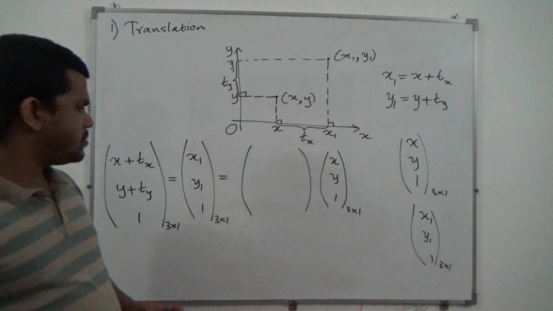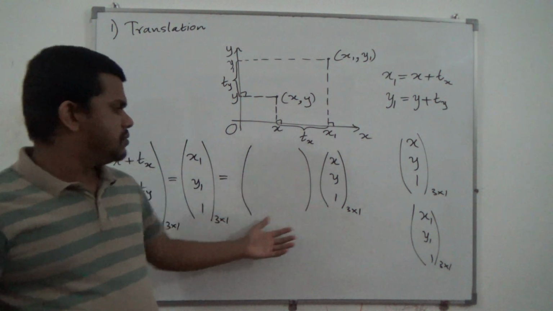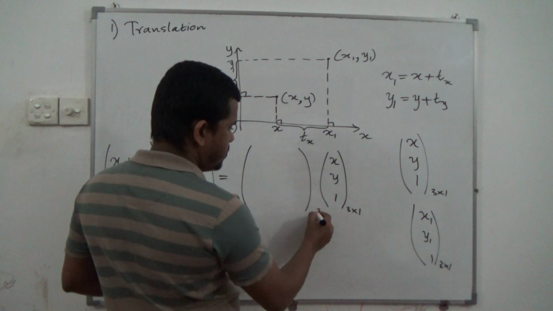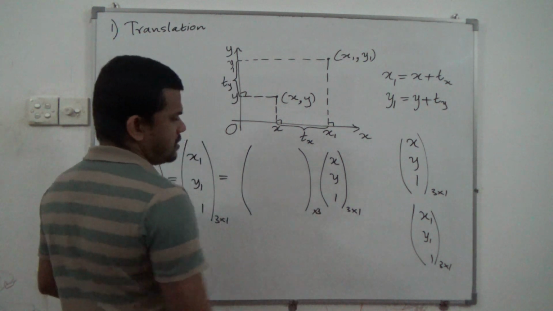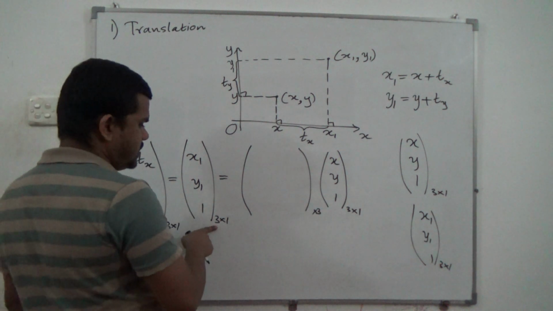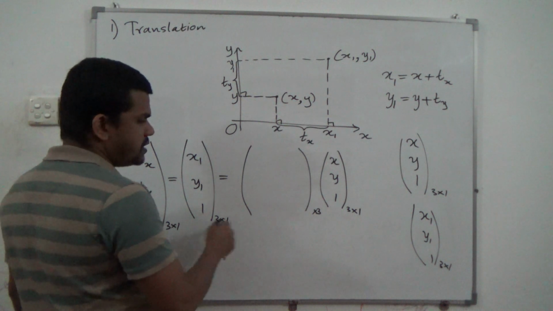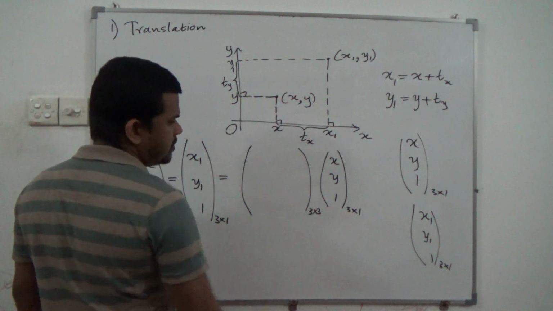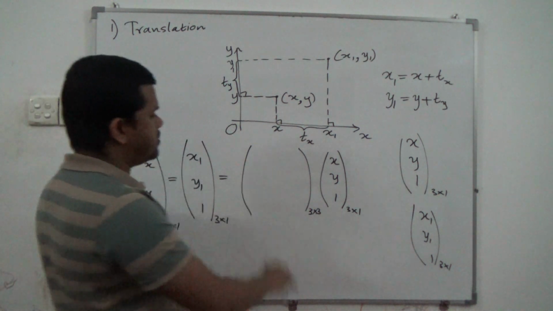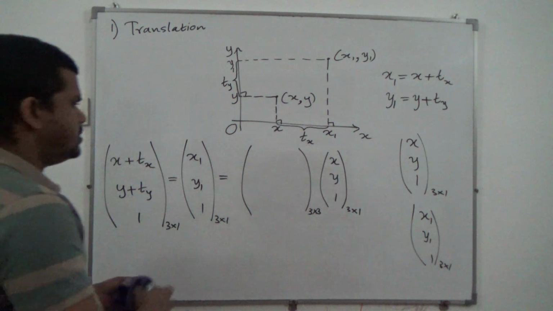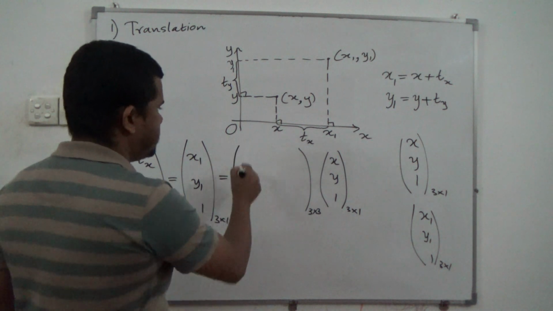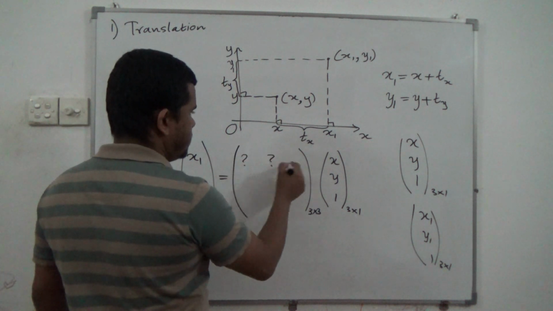Now here, in order to be able to multiply, here it should be 3 cross 3, something cross 3. In the resultant matrix, the number of rows is 3, therefore here it must be 3. Now it is a 3 by 3 matrix. We have to find its elements.